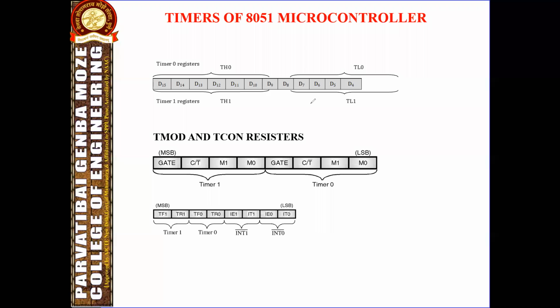So there are two timers in total. TL0 and TH0 together form the 16-bit Timer 0, and TL1 and TH1 form the 16-bit Timer 1.